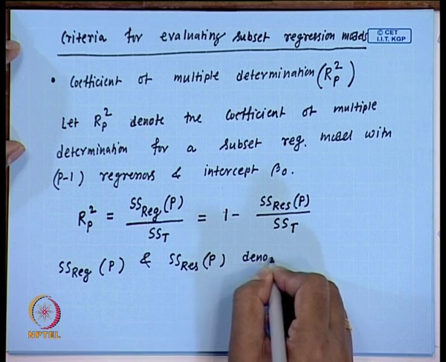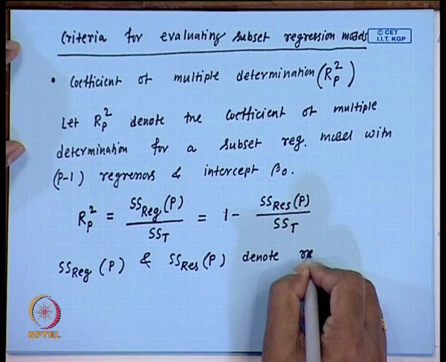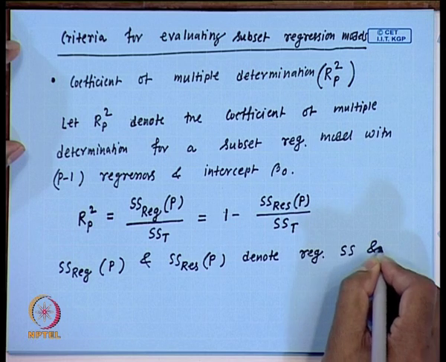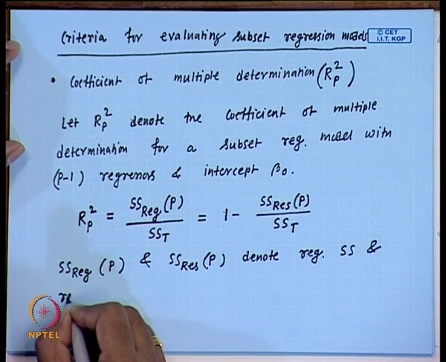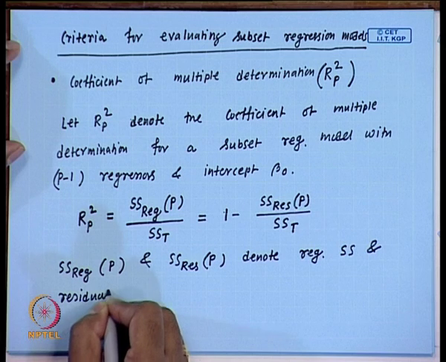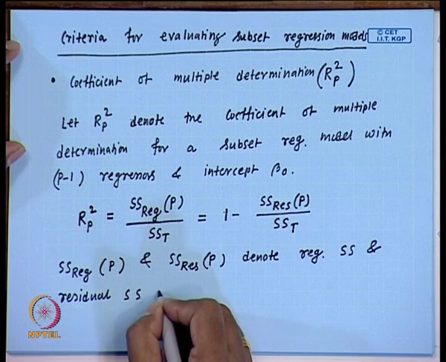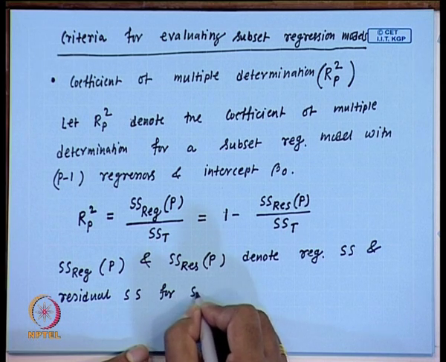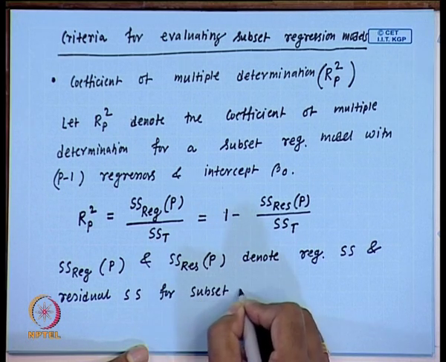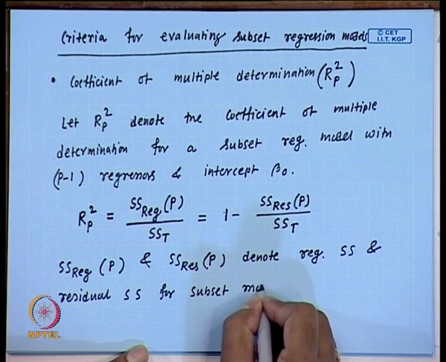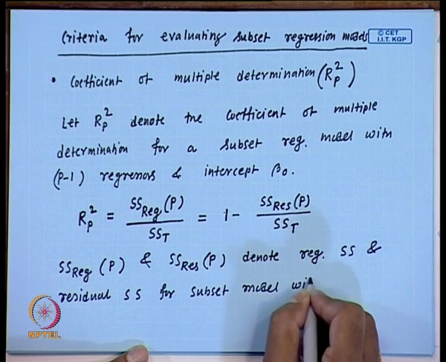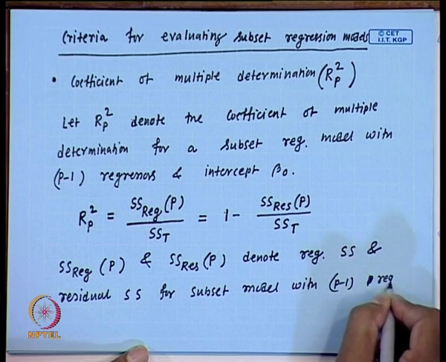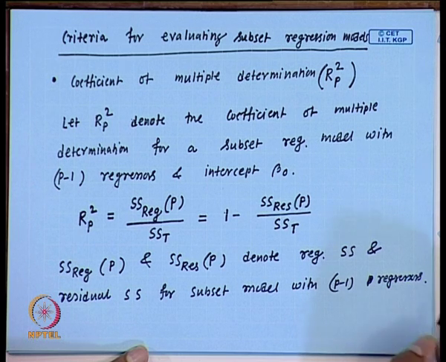They denote the regression SS and residual SS for the subset model with p minus 1 regressors.